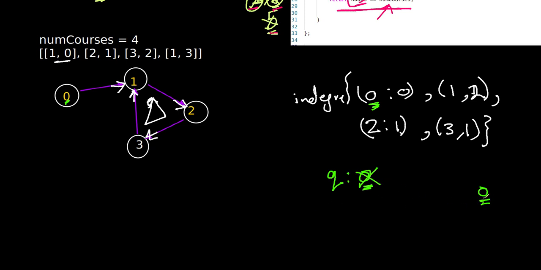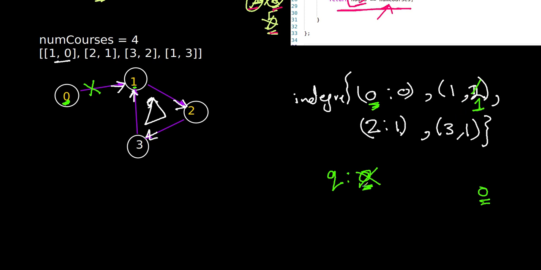Now we will take this course, and to do that we remove all the edges going out from this node and update its neighbors. In this case its neighbor is node 1. So node 1's in-degree is 2 minus 1, which is 1.